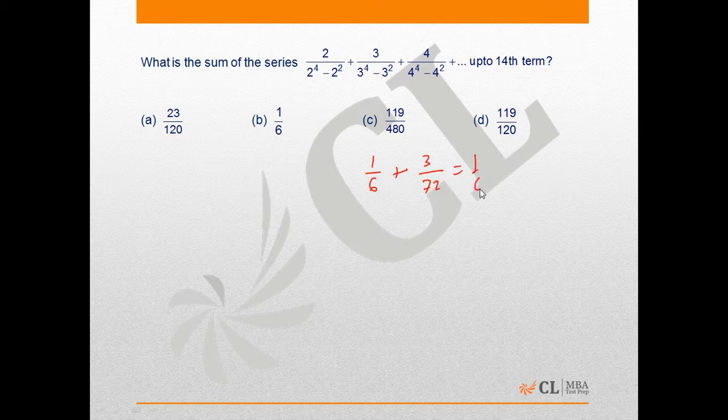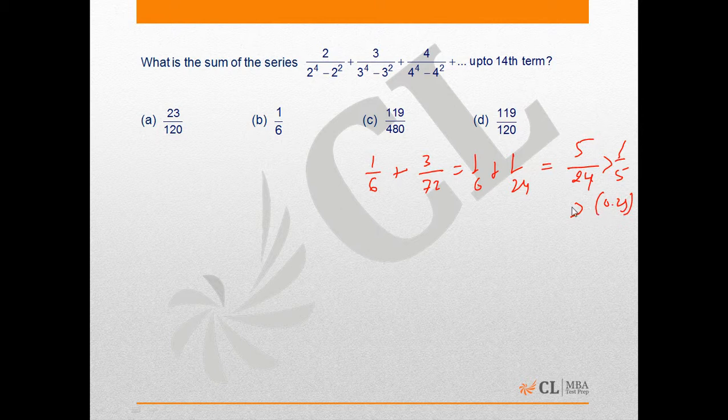So it is 1 by 6 plus 1 by 24, or 5 by 24. This will be greater than 1 by 5, that is more than 0.25.